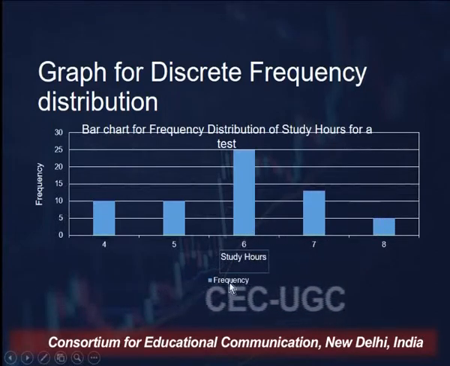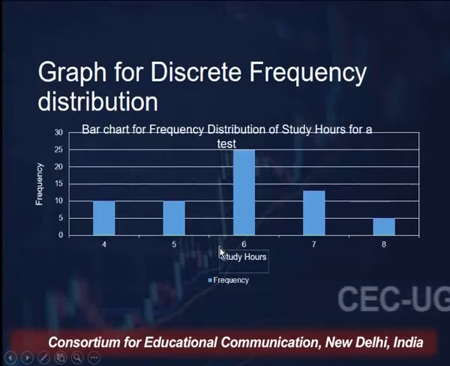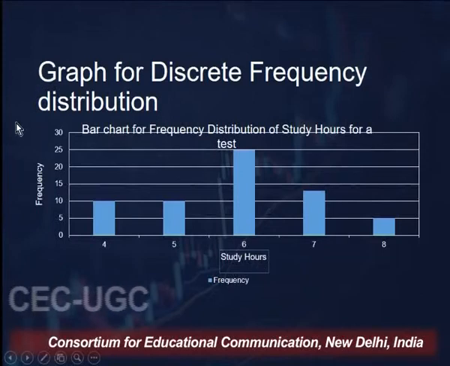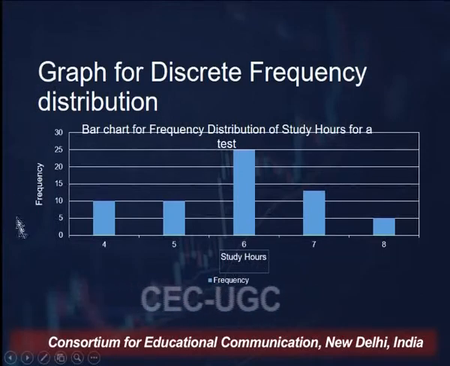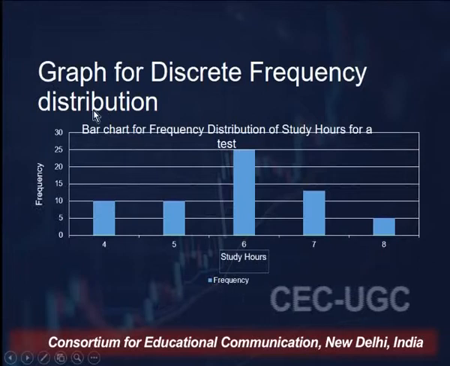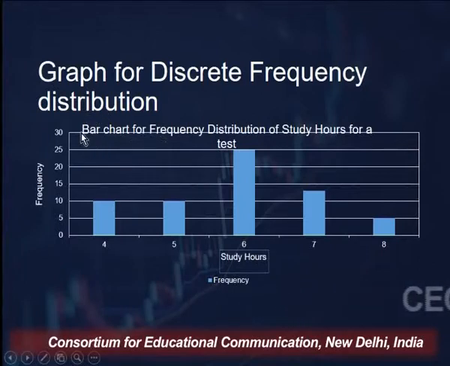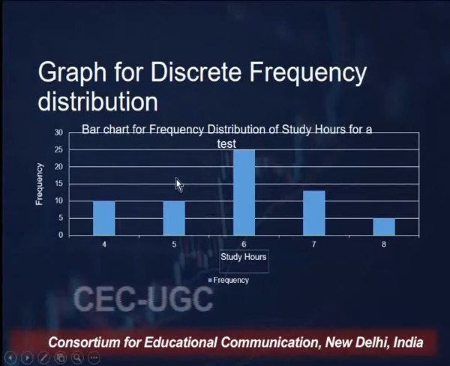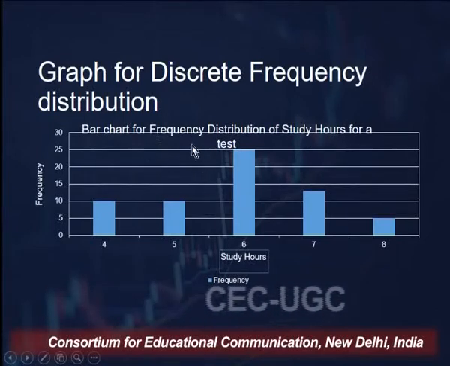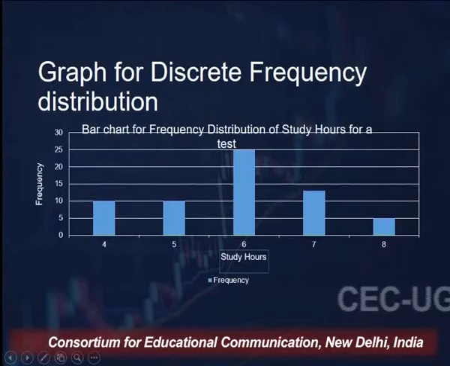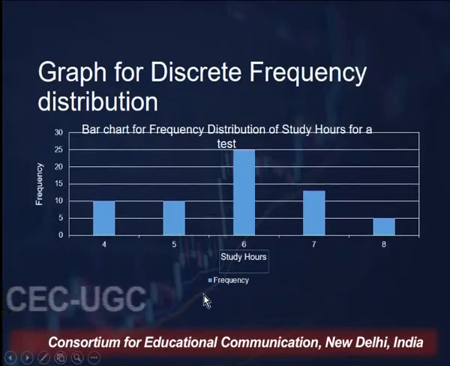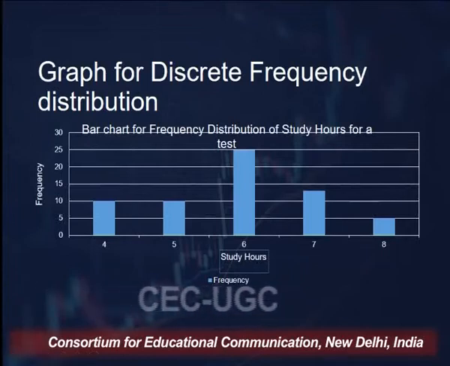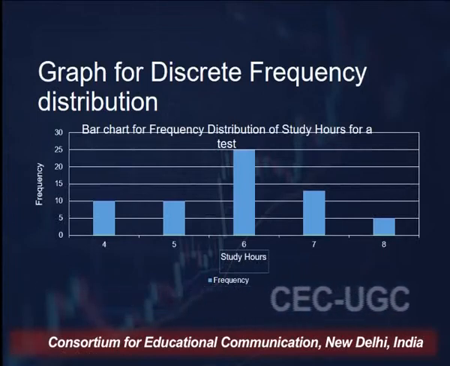Here I will always write study hours on the horizontal axis, because whatever we plot, the legend should be there, the title should be there. The title of the Y axis will be frequency, and the title of the graph will be bar chart for frequency distribution of study hours for a test. And this is very important. If you don't write these titles, then nobody can understand what your bar diagram depicts, and they will be completely clueless.